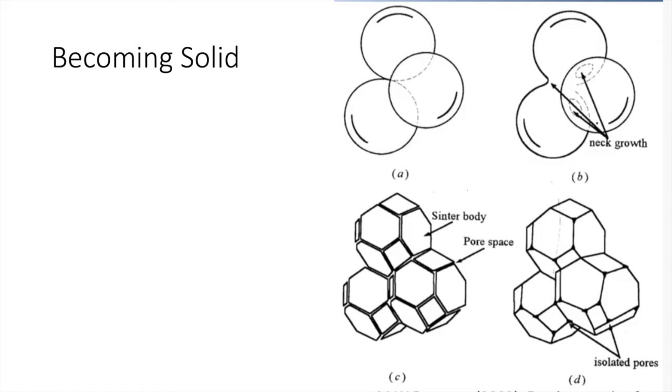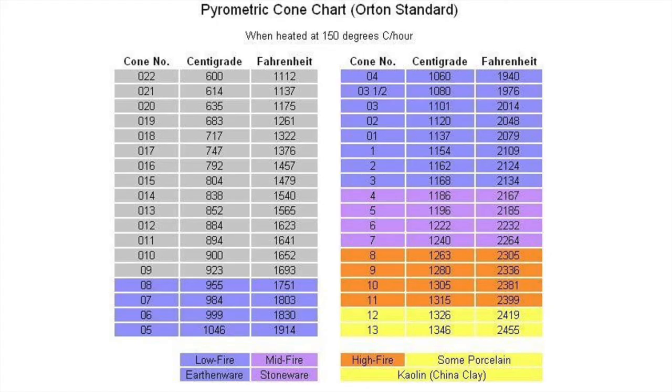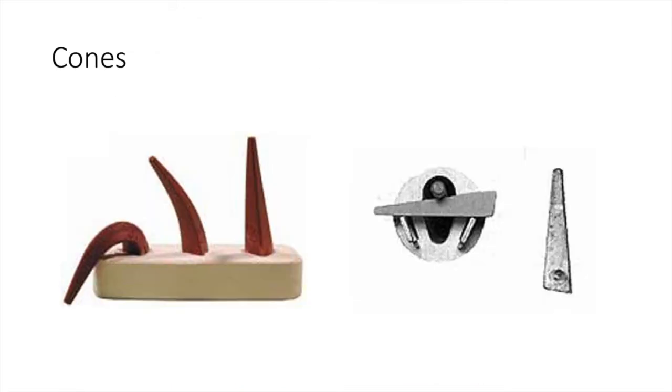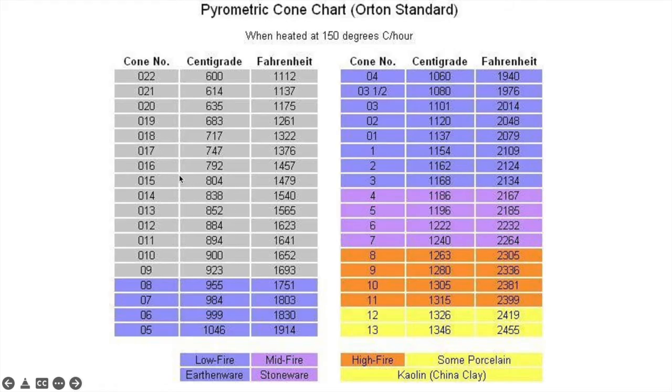That's why there are clays that fire to different temperatures, and you have to fire them to the correct temperature and not overfire them. This is a cone chart. A cone is literally a piece of clay that is designed to melt at a specific temperature, and each cone has a number on it.